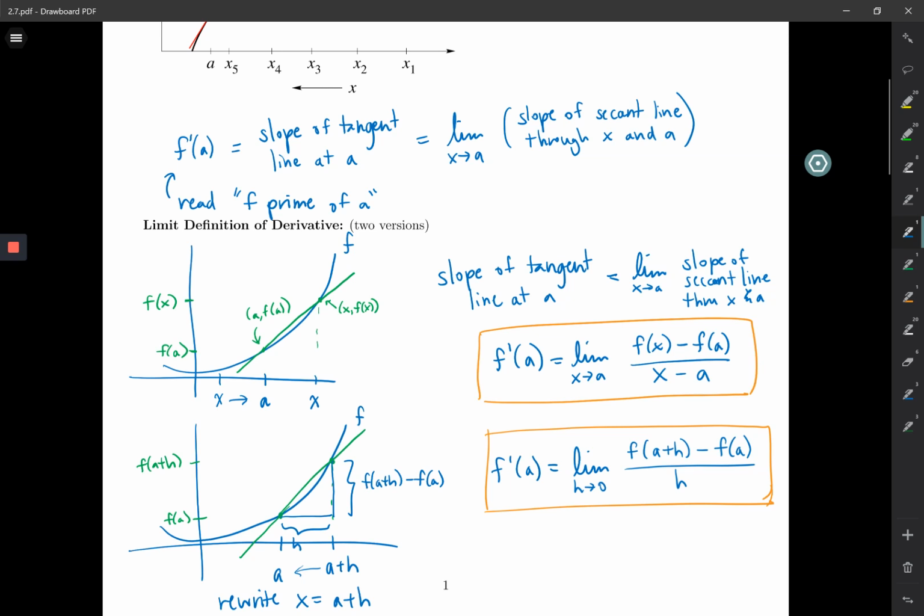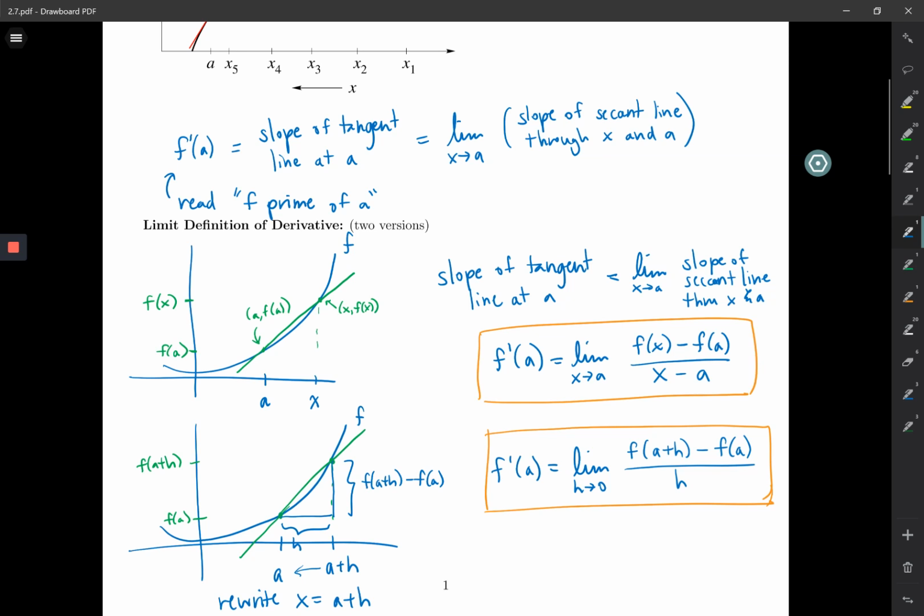So because this is a two-sided limit, the limit as x goes to a, we have to approach from the left and the right. So just make sure that that's clear. Okay. And also, for this limit, it's the limit as h goes to 0. So h will be approaching 0 from the negative side, so small negative numbers, and then small positive numbers approaching 0.